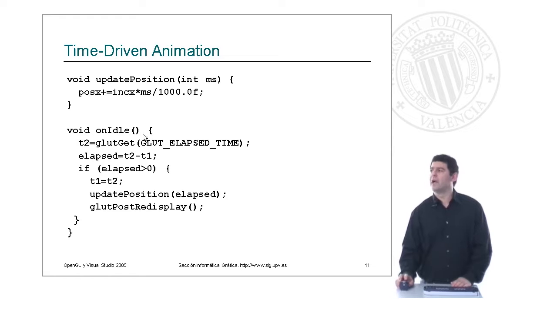The onIdle function is now a little bit more complicated because we have to get the elapsed time, we have to compute the time that has elapsed since the last update, and if that time is higher than 0, we have to update the position and we have to redisplay the scene.